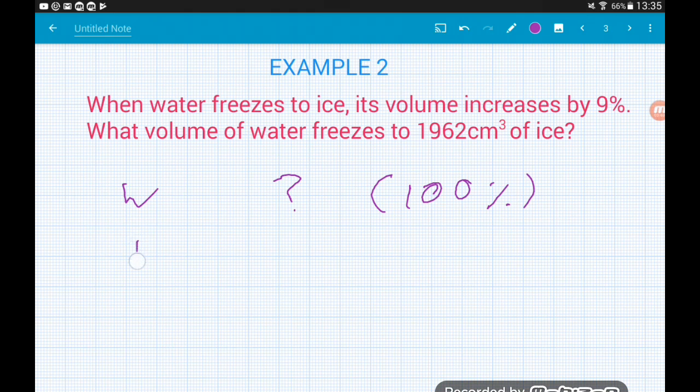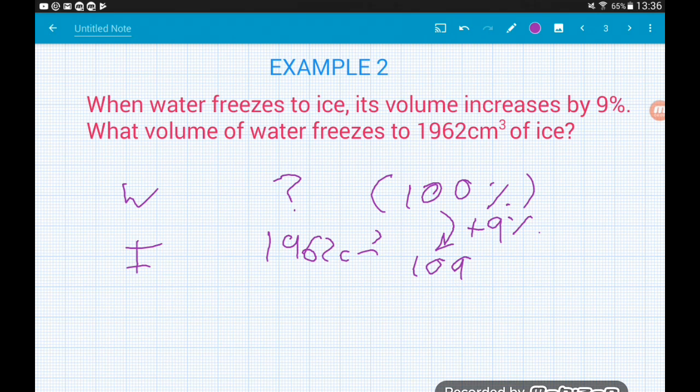Then it freezes into ice. Now we do know here that we've got 1962 centimeters cubed. That is after adding 9% to the original volume. So we now have 109% of the original volume of water.